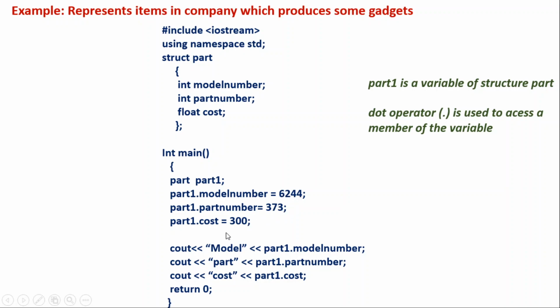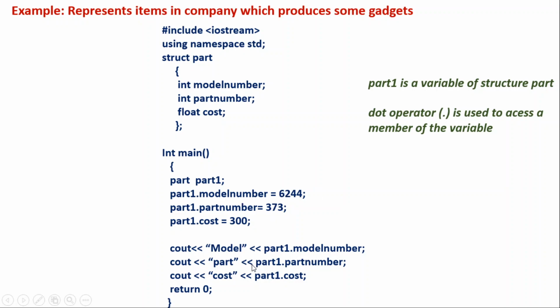Then the next step you are familiar with: I use cout along with part1.modelnumber, part1.partnumber and part1.cost, defined as 6244, 373 and 300.